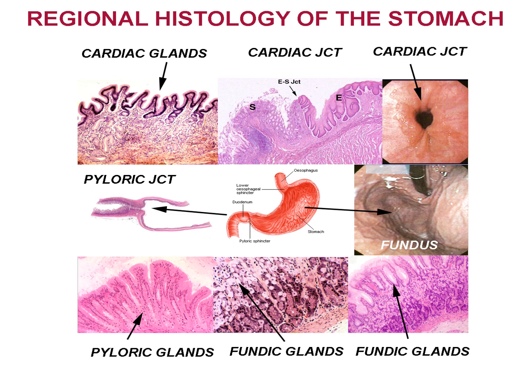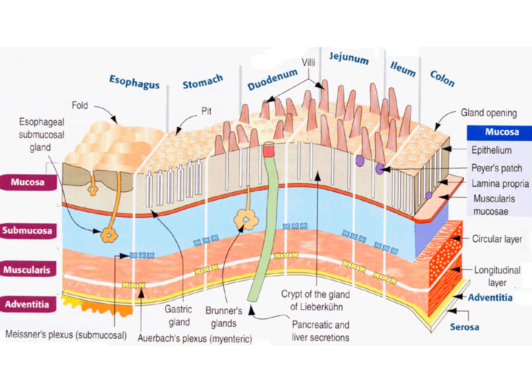However, there is a difference in the fundic region, because it has special cells found only there: the parietal and the chief cells, and we are going to talk about them later. As I said, we have the mucosa, submucosa, muscularis externa, and the serosa.